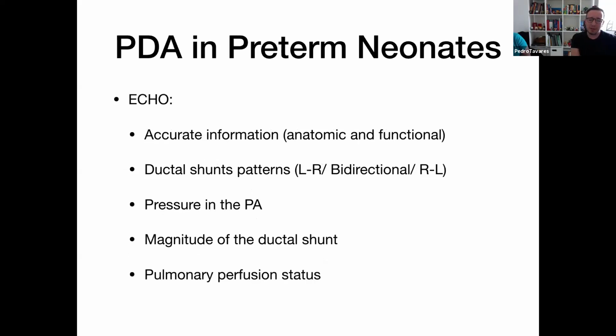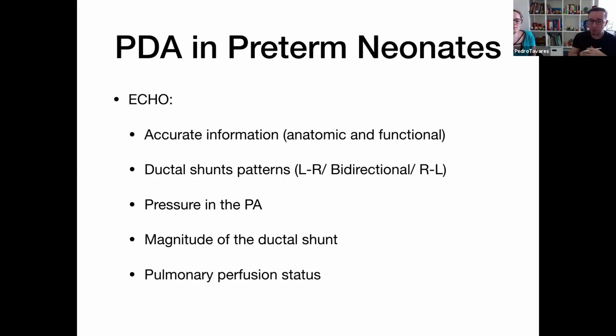The echocardiogram gives us the most accurate information with anatomic and functional aspects of the heart. The ductal shunts can show us patterns of shunts left-right, bidirectional, or right-left direction. We can take measures of pressure in the PA.